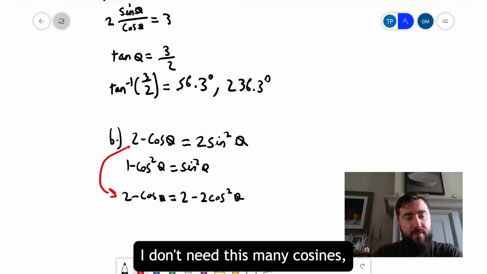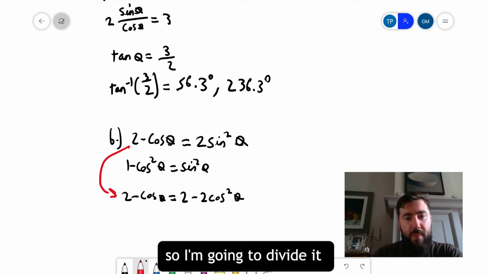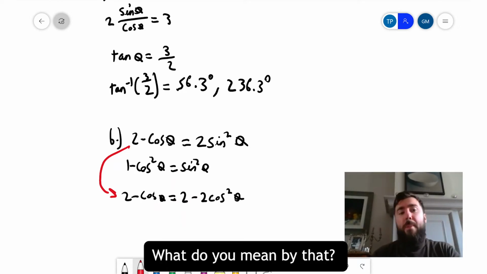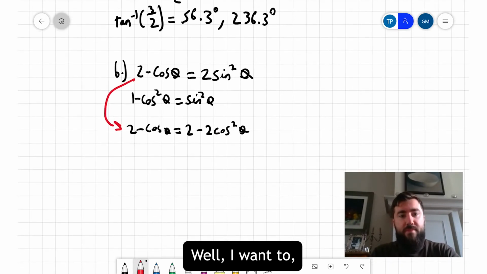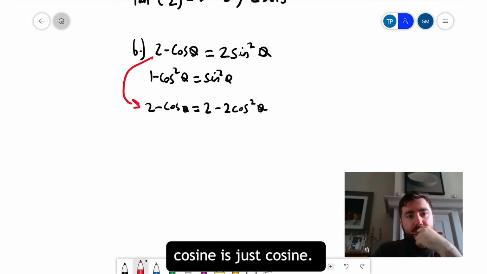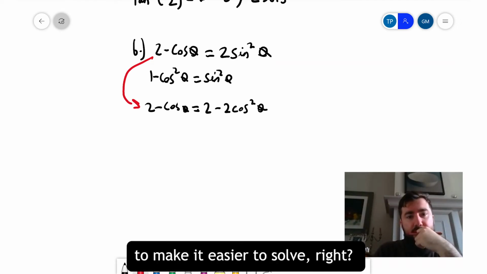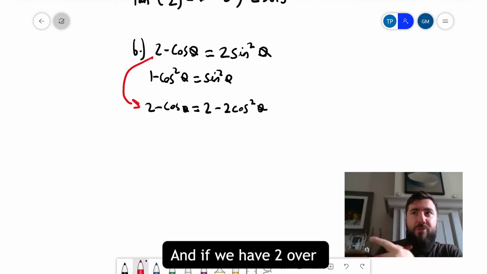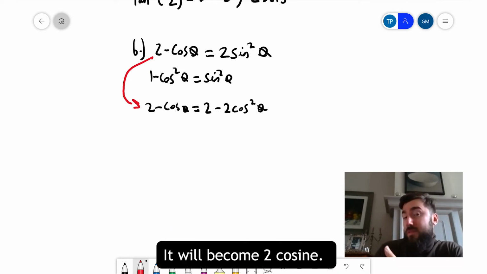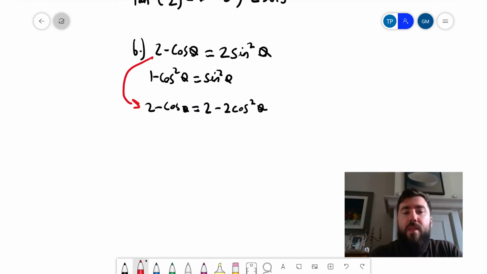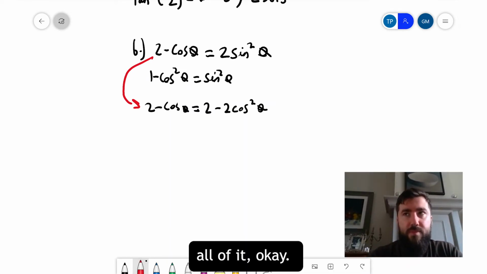I don't need this many cosines, so I'm going to divide it over, because cosine squared over cosine is just cosine. I want to simplify it to make it easier to solve. But remember, we've got 2's in there, and we have to divide all of it.